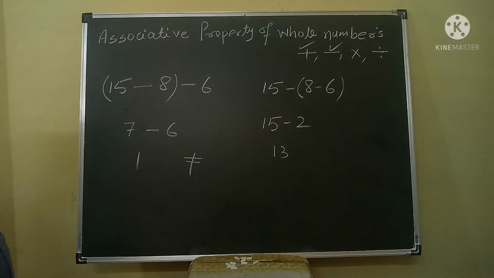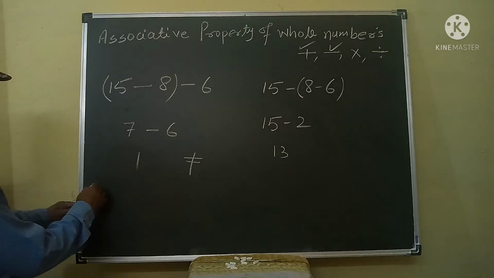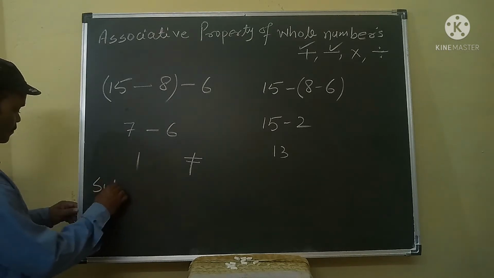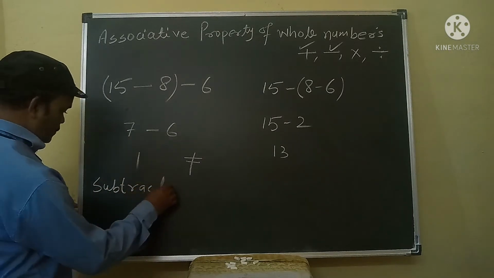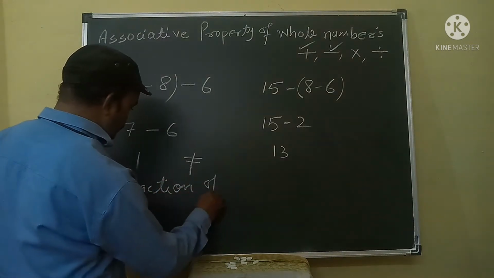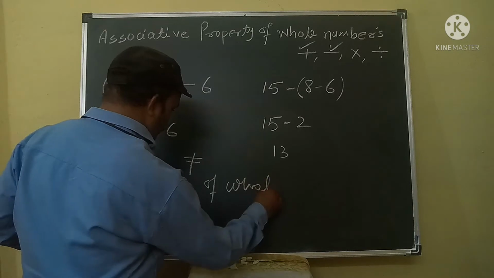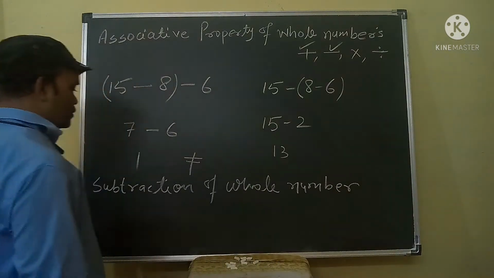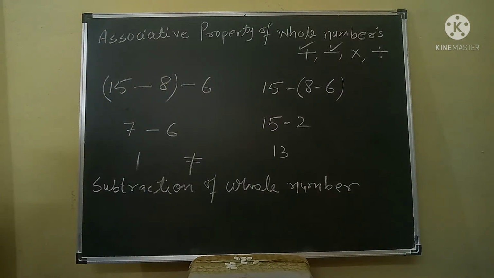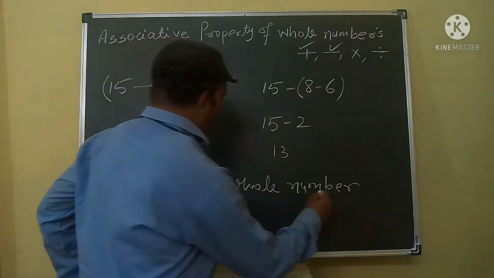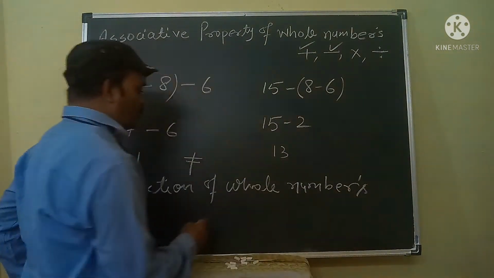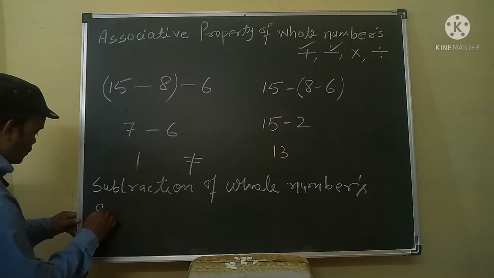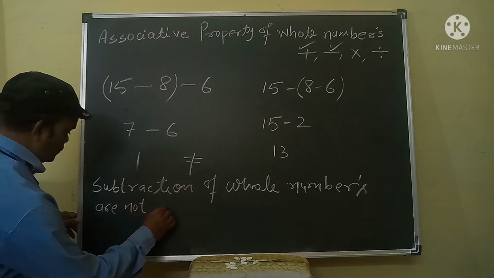That means subtraction of whole numbers is not associative.